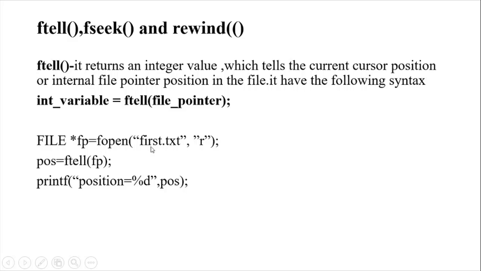That means we are opening the first.txt file in read mode, so the file pointer will point to the first record. pos = ftell(fp), where pos is an integer variable, will return the current position of the file pointer, which is the address of the first record. printf("position = %d", pos) will print that address. So the ftell function returns the current position of the file pointer in a file.